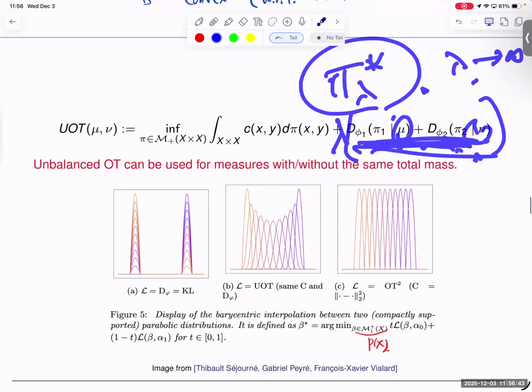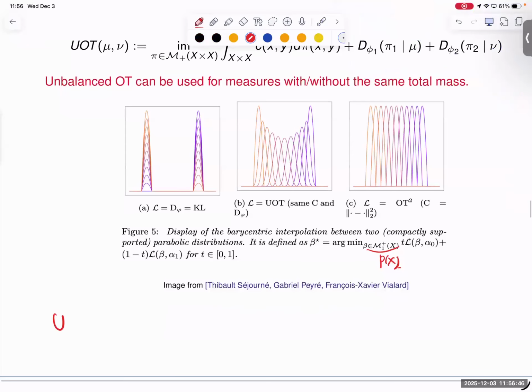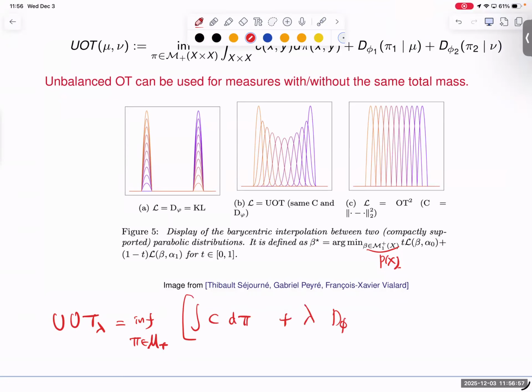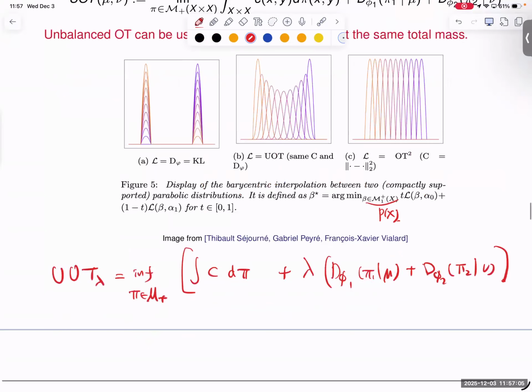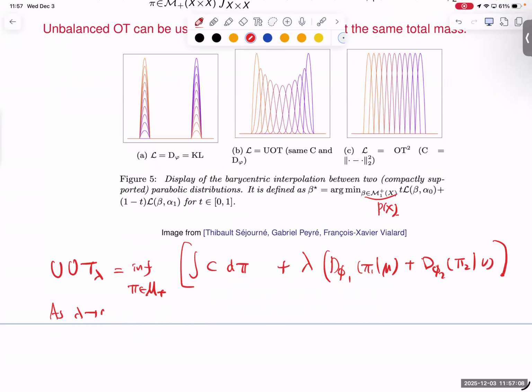Then maybe I should mention this. Okay, so consider UOT lambda, which is the infimum over pi of lambda times D phi 1 of pi 1 with respect to mu plus D phi 2 of pi 2 with respect to nu. So here, as lambda goes to infinity, if the total masses of mu and nu are not equal, then let's call this the unbalanced cost C lambda.